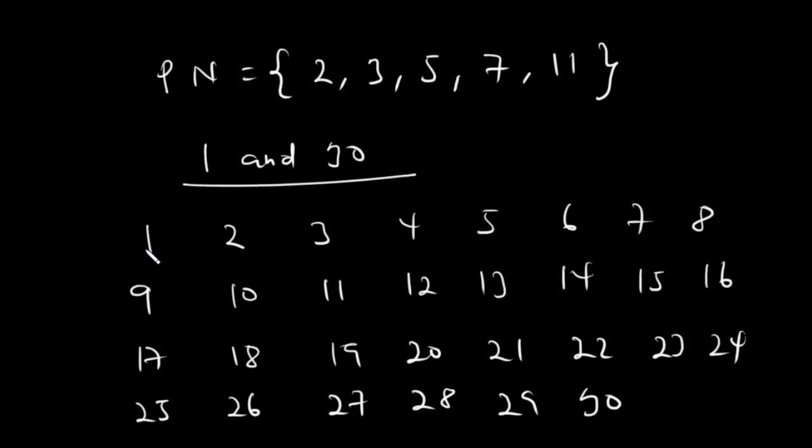Now, the rule is to cancel out 1 because 1 is not a prime number. It has only one factor, that is itself.